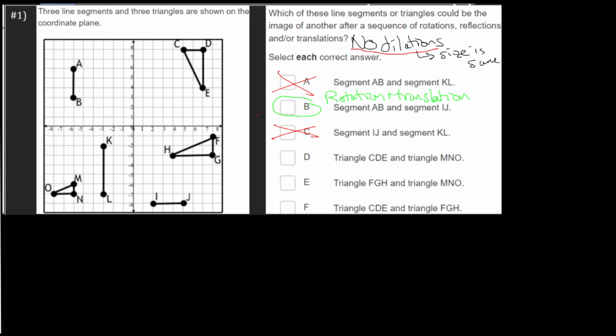However, in part D, let's say CDE and MNO, same thing. It's a dilation, so it can't be right. Triangle FGH and MNO, same thing. But the last one, they are the same size, and so I could say it's actually a rotation and translation.